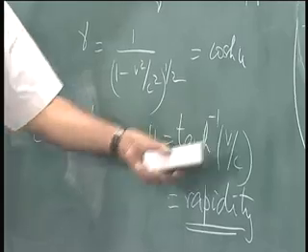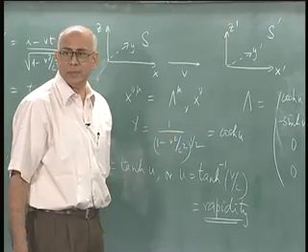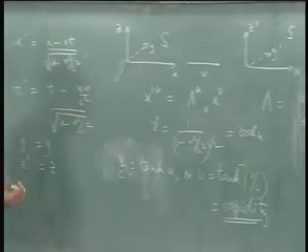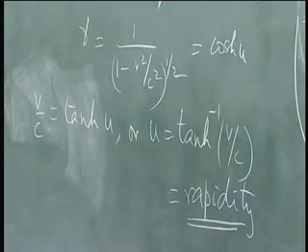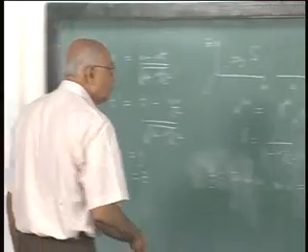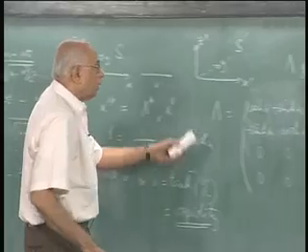Tanh inverse of v over c is what adds up, and that is the discovery, that is special relativity. We could have started with this law and then deduced backwards the Lorentz transformation equations too. Okay. So a very convenient way of writing this lambda.